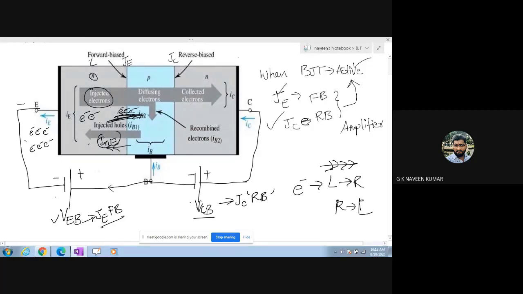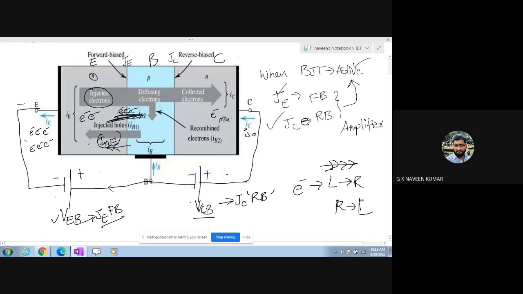This is emitter, this is base, and this is collector, right? Now coming to the positive. Here, more positive means more holes will be there. Here majority carriers are electrons and minority carriers are holes.